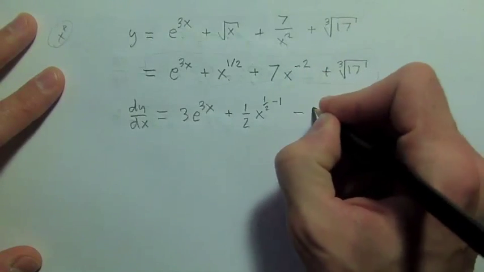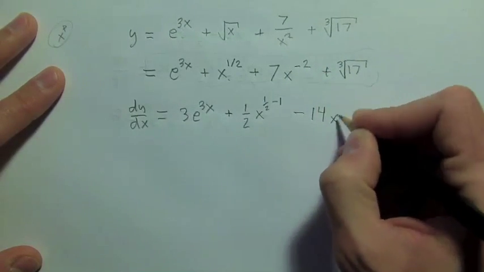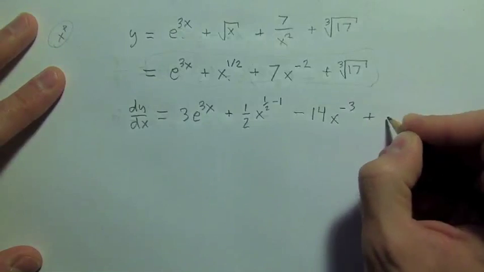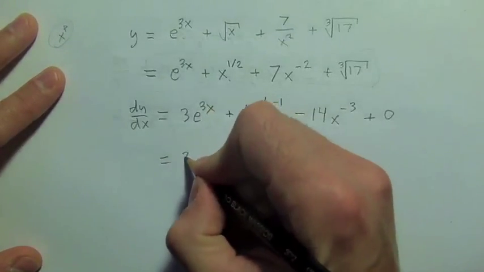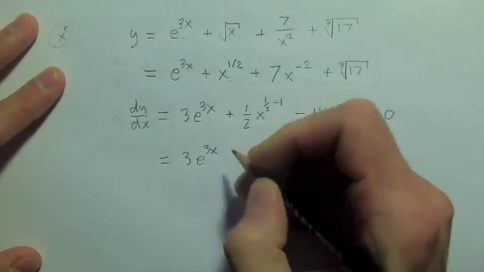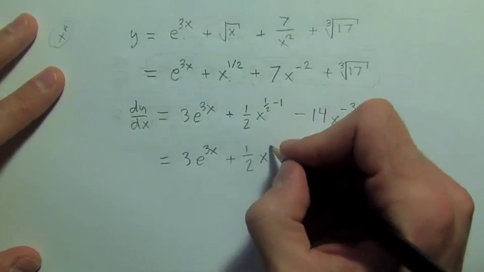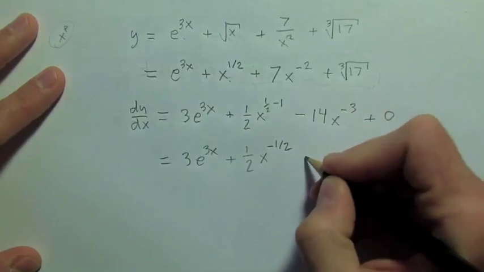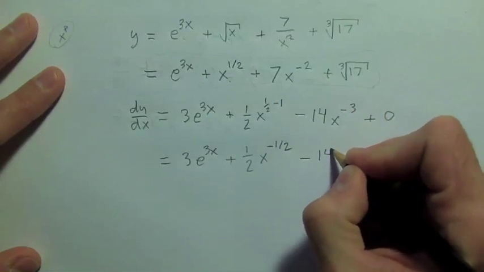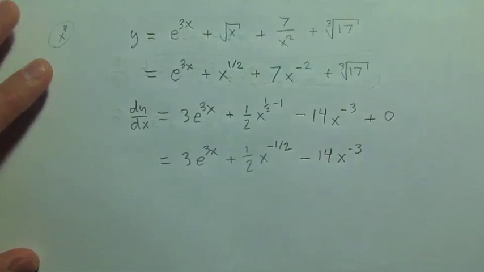Then it will be minus 14 x to the negative 3 plus 0. And let me go ahead and simplify this. Right, this will be 1/2 x to the 1/2 minus 1, of course, is negative 1/2, minus 14 x to the negative 3.